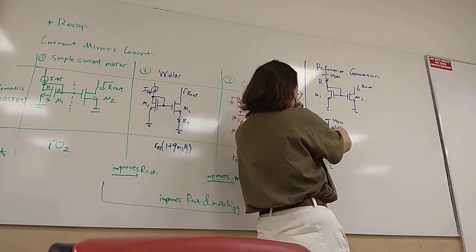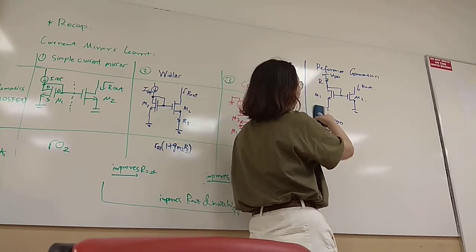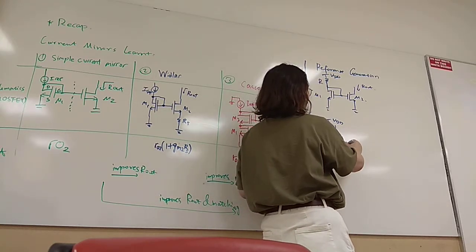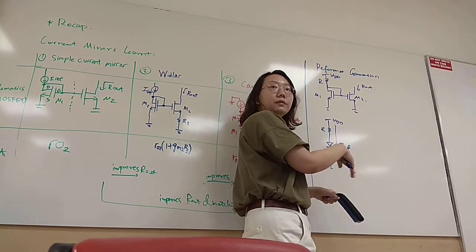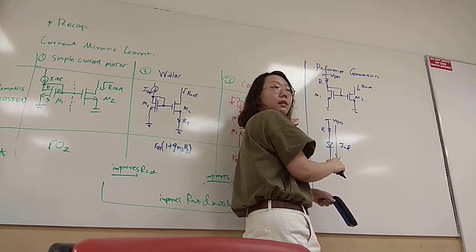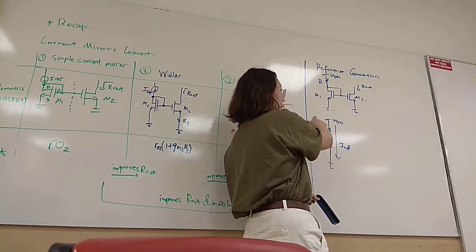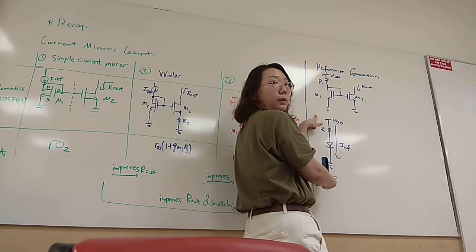When there is a current flowing through this branch, basically it's generating your IREF. Because there is a current flowing through. This one is passive, this one is forward biased. And once I apply the voltage difference across these two components, there will be a current flow.